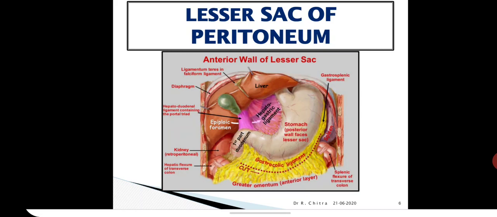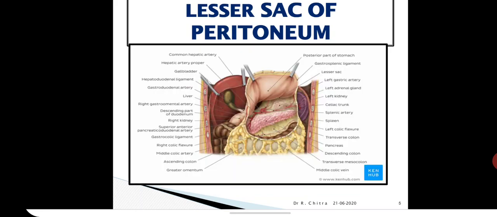Above the cardiac end of the stomach, it will be by the gastrophrenic ligament, which is not shown clearly in the image. So with this diagram or image, you have to understand the right margin and left margin of the lesser sac of the peritoneum.